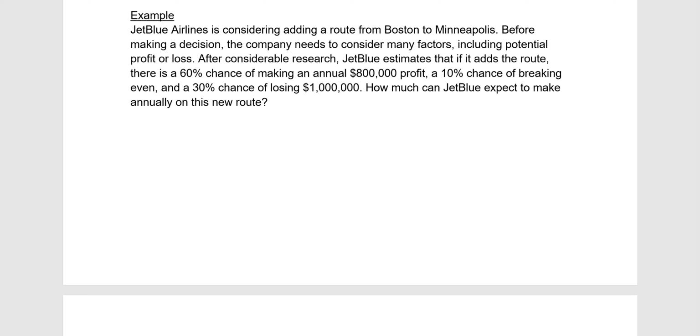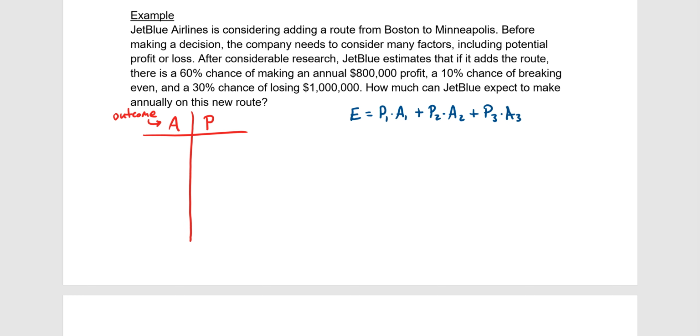We have three different cases here: they profit, they break even, or they lose money. So we're going to set up the formula with three different cases. You don't have to do this, but you can set up a little table and write down all of the outcomes, which are the A's.